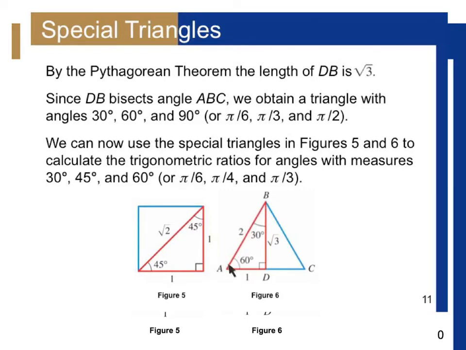Now we're going to use 2 because we're going to cut that in half and make it a 1. So we decided to make a 2 here because we can cut it in half and make it a 1. So that's how we get the 2 and the 1 more directly, starting with the triangle with all the sides being the same. Okay, so now we've got 60 degrees is pi over 3, 30 degrees is pi over 6, and we can do our trig functions based on those.